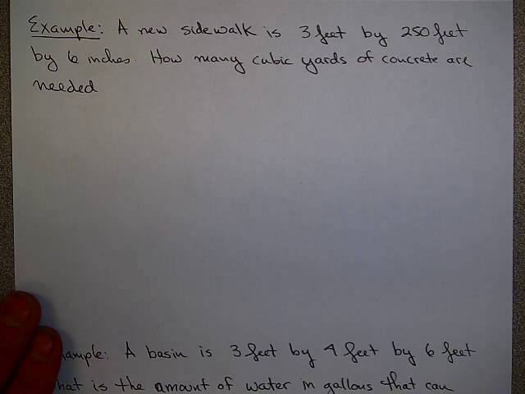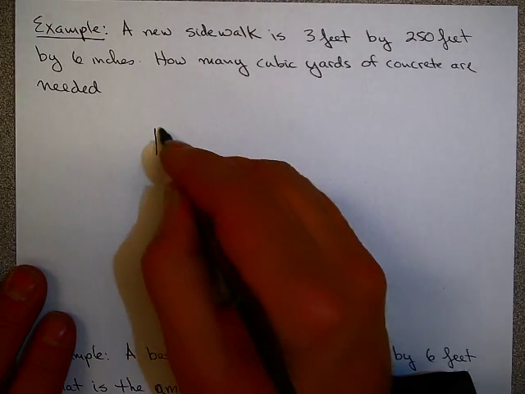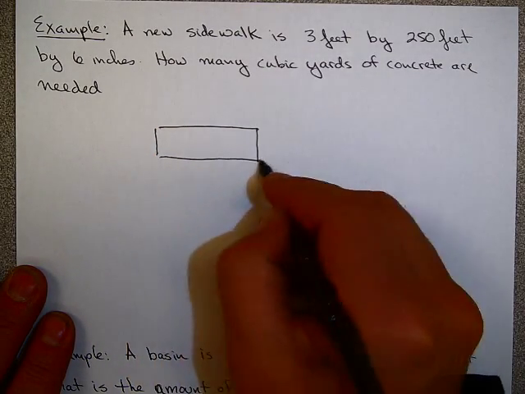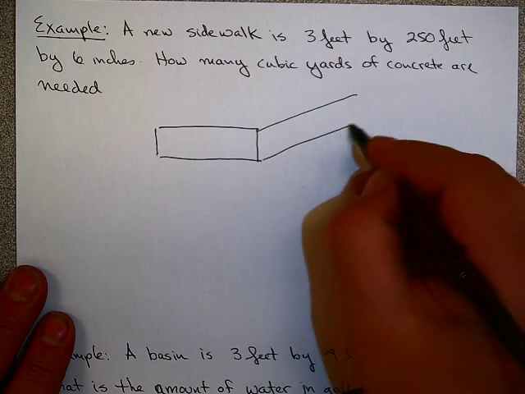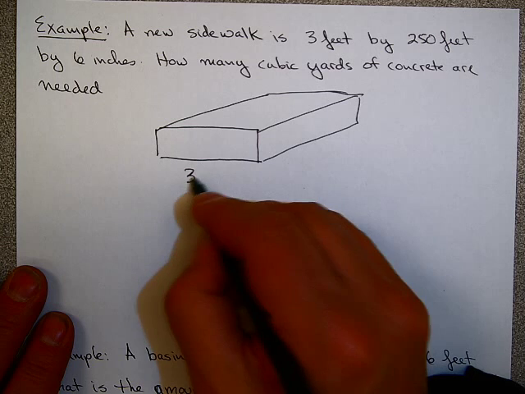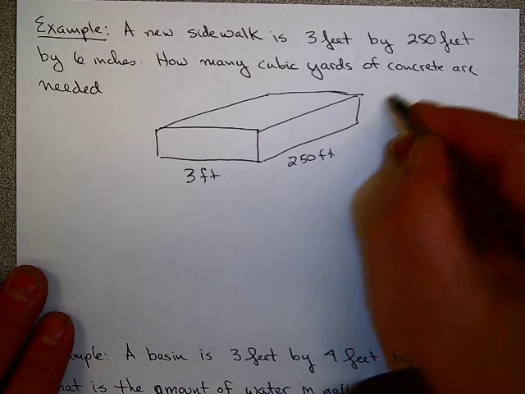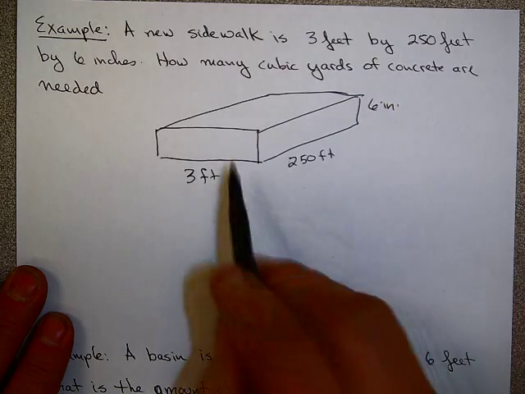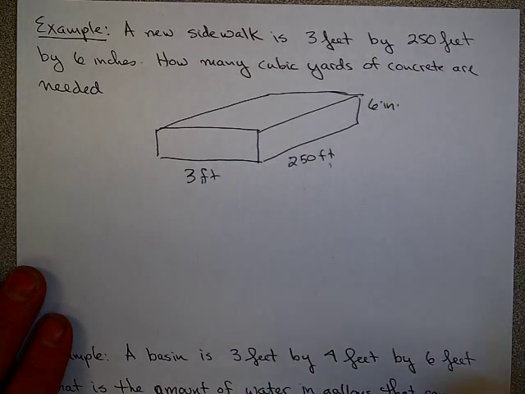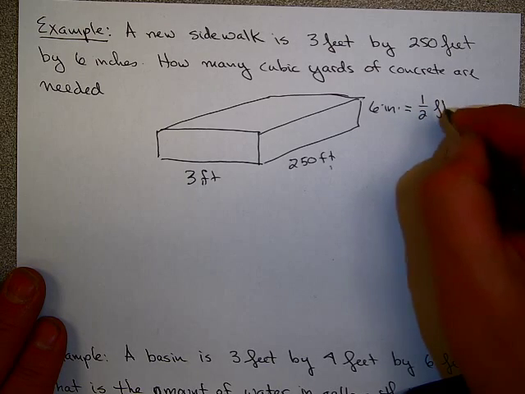Okay, let's do a couple of problems involving volume. A new sidewalk is 3 feet by 250 feet by 6 inches. All right, so let's take a look at a picture here. Again, not drawn to scale, but you'll get the idea. 3 feet, 250 feet, 6 inches. Now the first thing is these linear measures have to agree. So I'm going to convert 6 inches to 1/2 a foot.